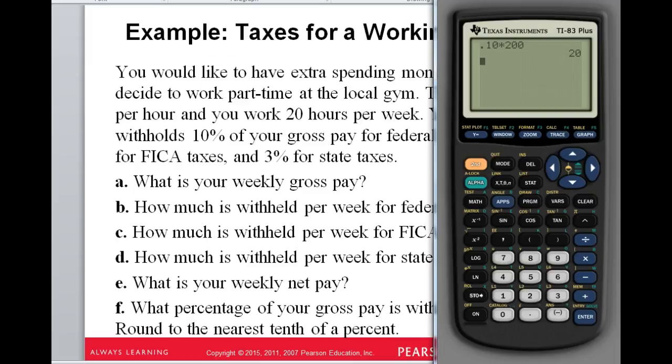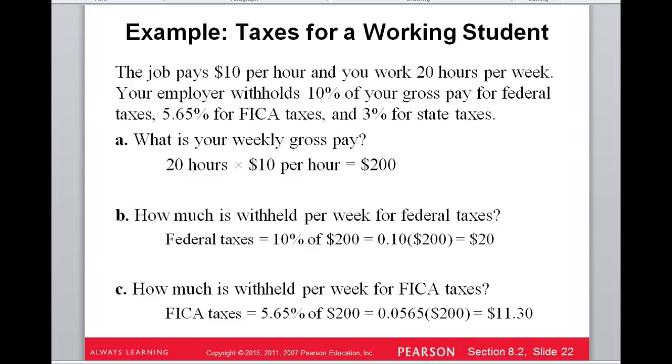That's going to be 5.65% times the 200, the gross pay, which is $11.30. Okay, so there's our gross pay, there's our federal taxes, there's our FICA taxes.